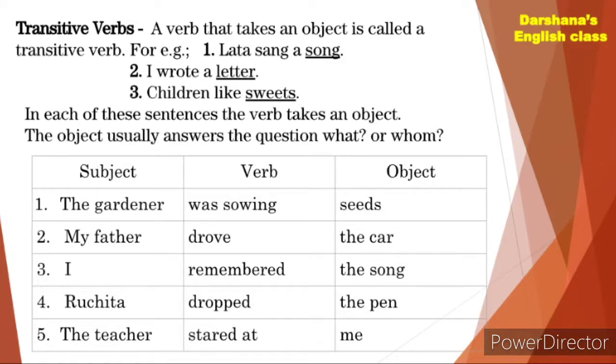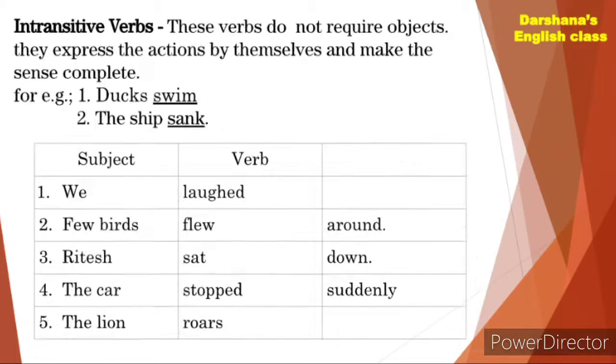I have given it in a tabular form so that I don't have to explain it much. But still, I'm reading out the sentences for you because I'm expecting that while I'm reading, you are noting down all this for your reference. My father drove the car. I remembered the song. Ruchita dropped the pen. The teacher stared at me.